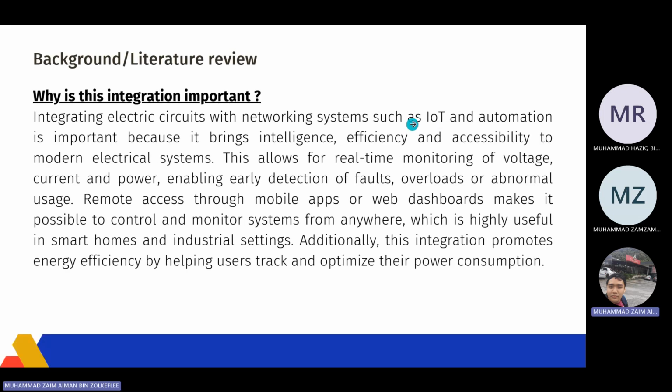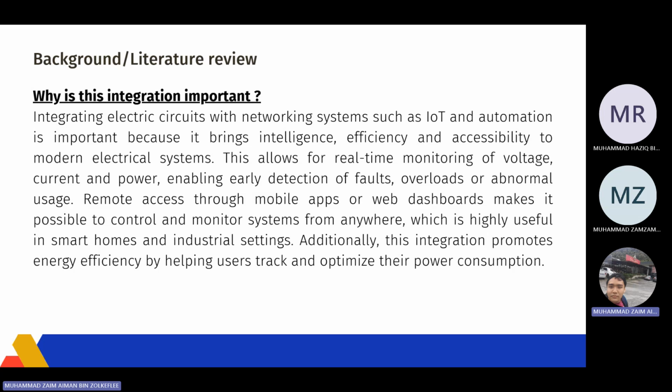Why is this integration important? Integrating electrical circuits with networking systems such as IoT and automation is important because it brings intelligent efficiency and accessibility to modern electrical systems. This allows for real-time monitoring of voltage, current, and power, enabling early detection of faults, overload, or abnormal usage.